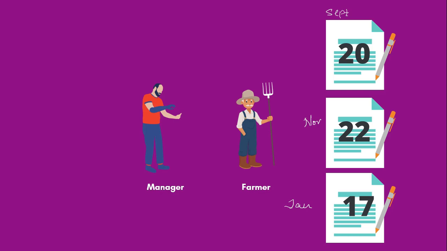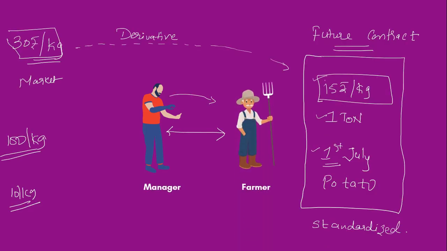So in our example, we saw that this 1st July when they are doing the transaction is called the expiry date, because this contract is useless from 2nd of July, because the transaction has to be completed on 1st of July. From 2nd of July there is absolutely no use of this contract, or the value of this contract is 0, or we say that this contract is expired.